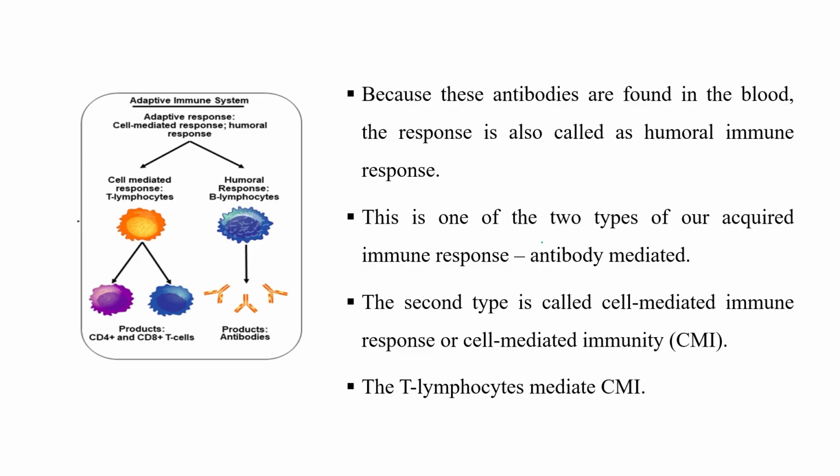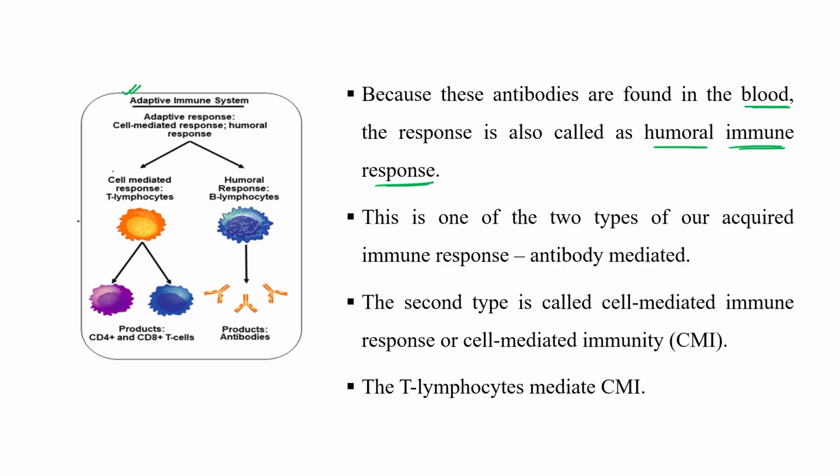Clear? Now, because these antibodies or immunoglobulins are found in blood, that's why we can use the term humoral response for the same, because these are present in the blood. Okay, during primary response or secondary response, which is a type of adaptive immune response, we already discussed that adaptive immune response is classified into two different categories.